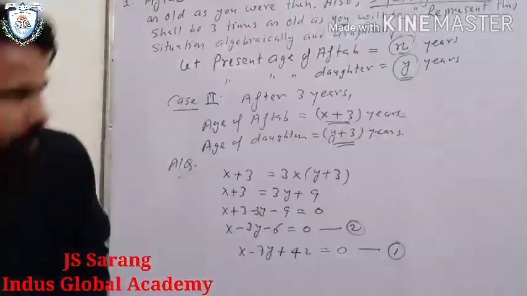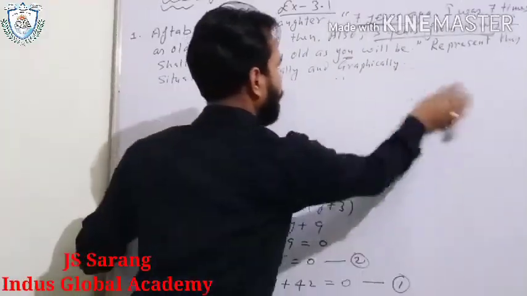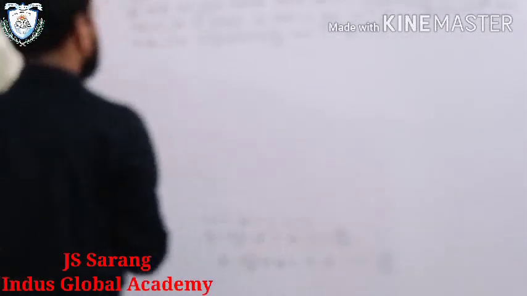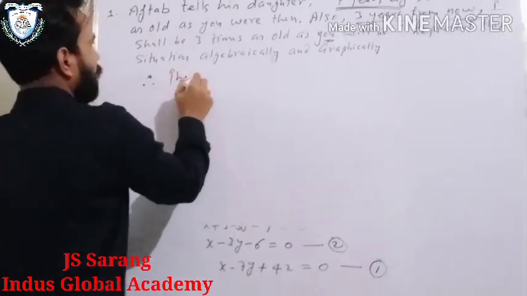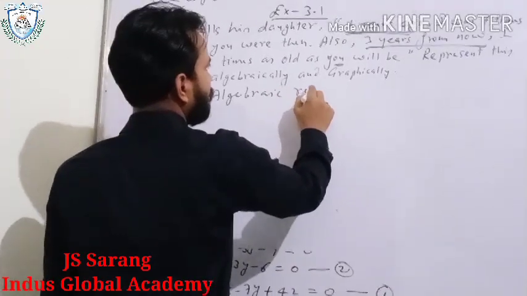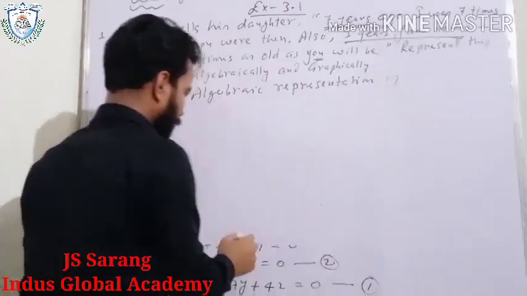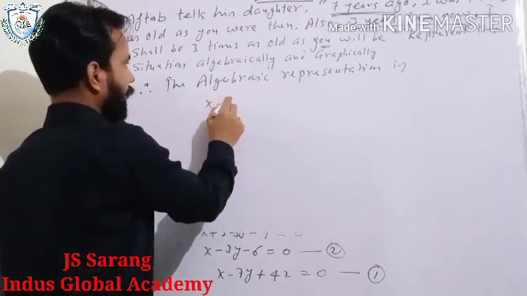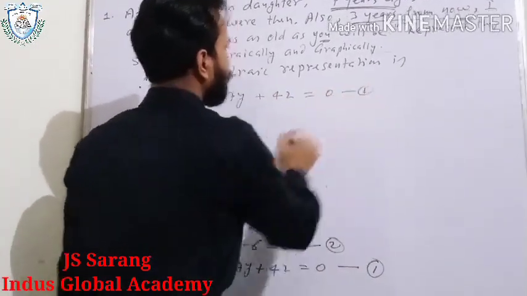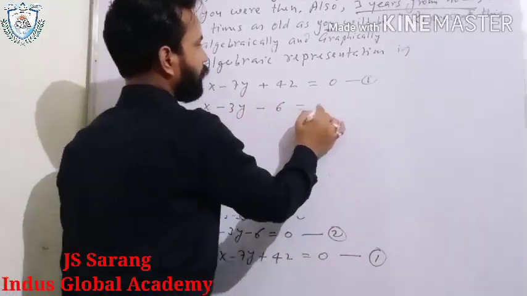So the algebraic representation, now we have to write, is: the first equation is x minus 7y plus 42 equal to 0, and the second equation is x minus 3y minus 6 equal to 0.